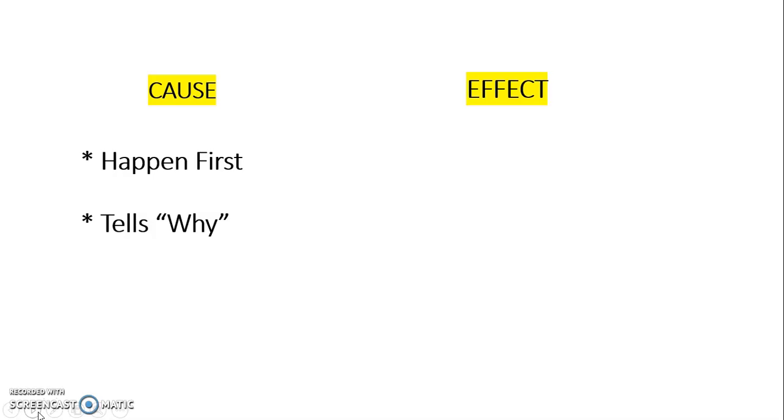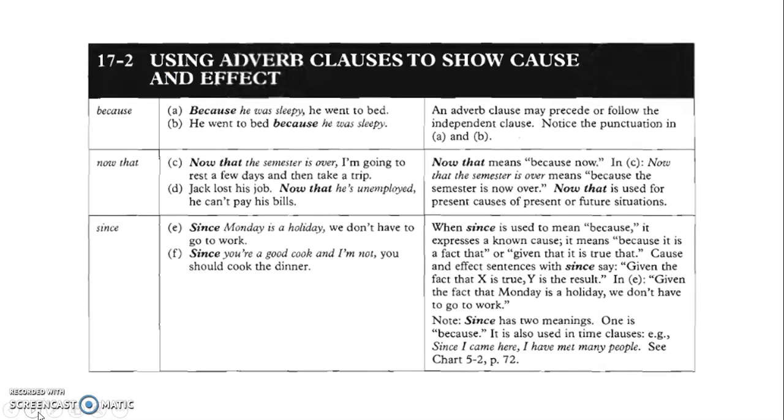And then the effect happens after the cause and tells what happened. Okay, look at this example. Using adverb clauses to show cause and effect, there are three we can use: because, now that, and since.